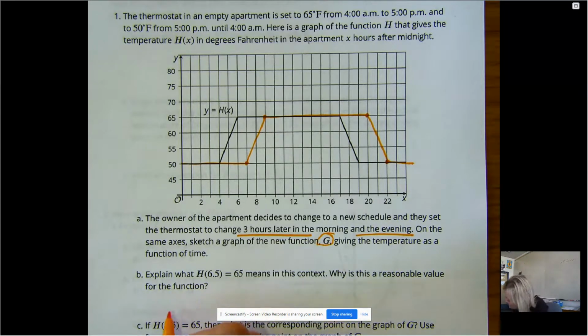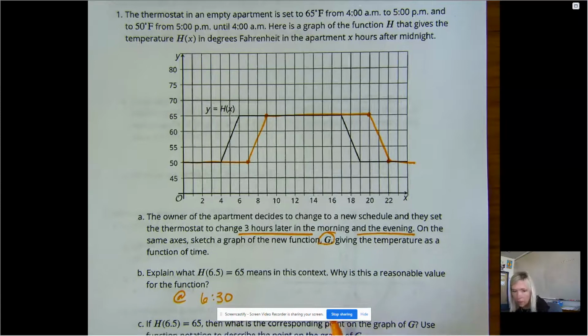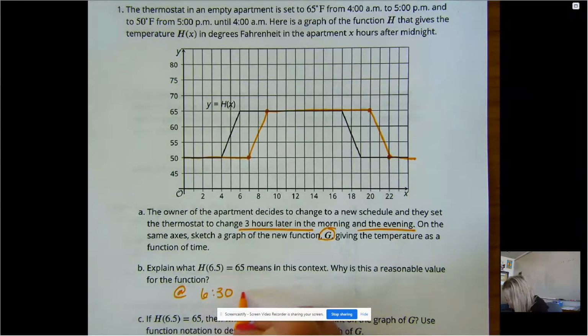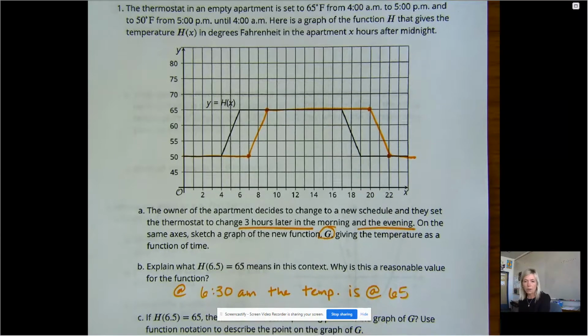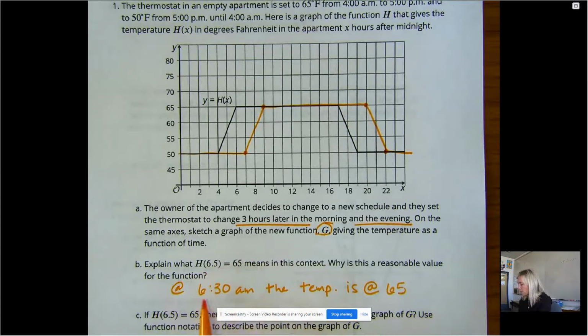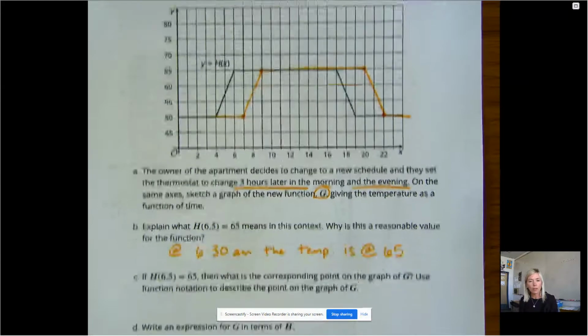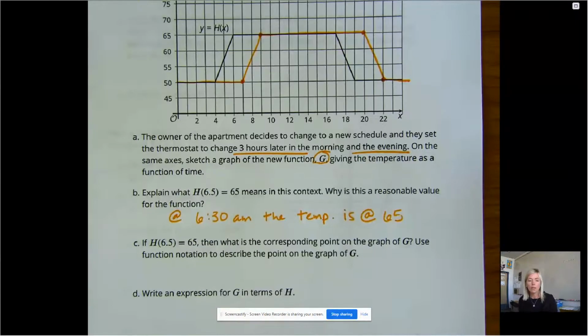Okay, so what it means is that at 6:30 a.m., because 6.5 hours past midnight, the temperature is at 65. It's a reasonable value because 6.5 means 6:30 a.m., which is a real amount of time.